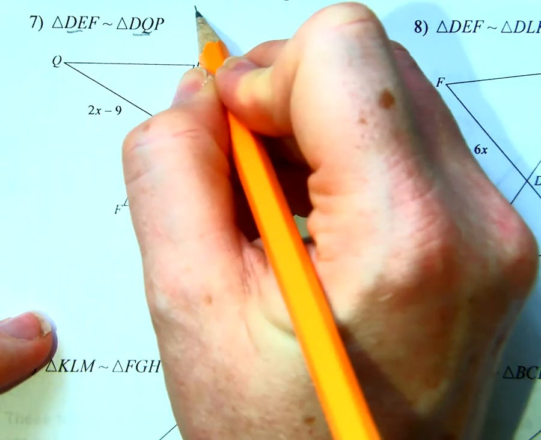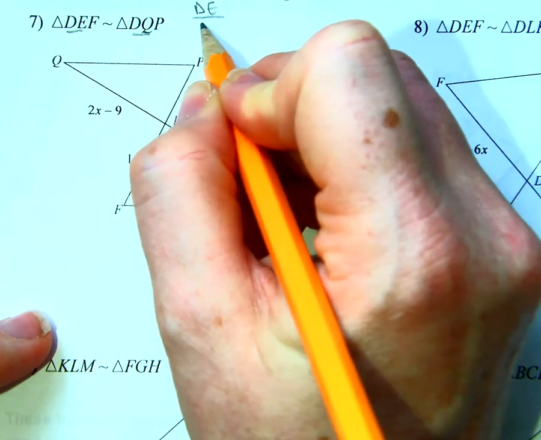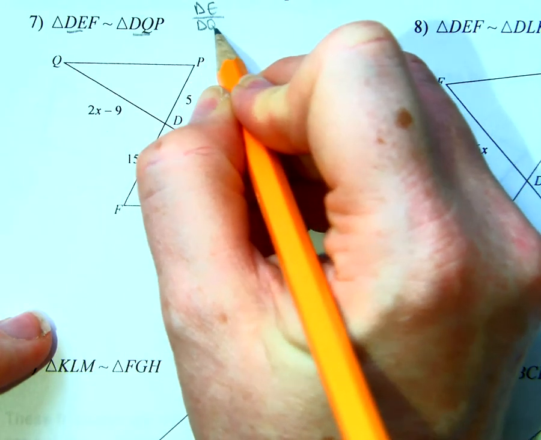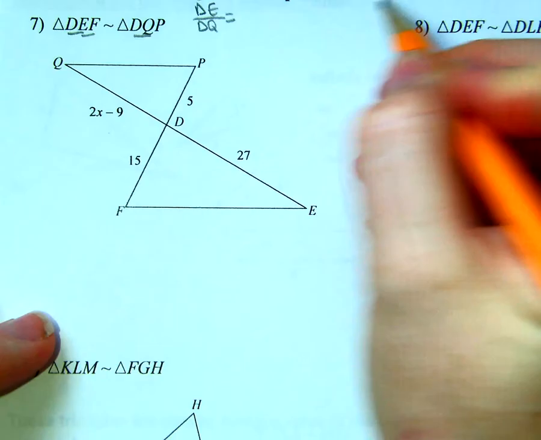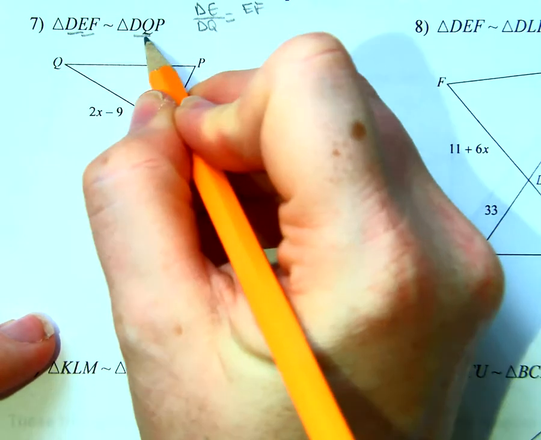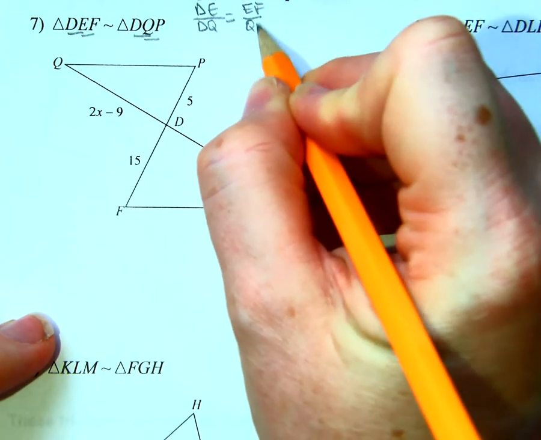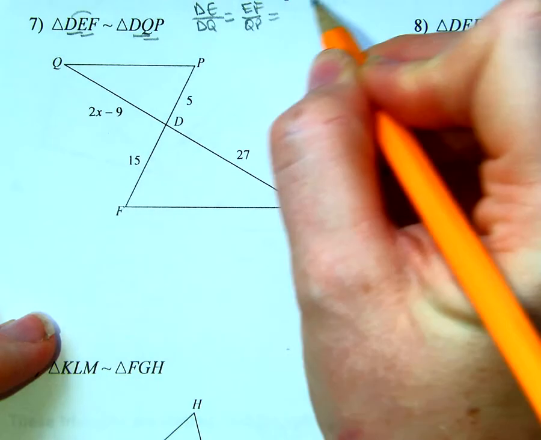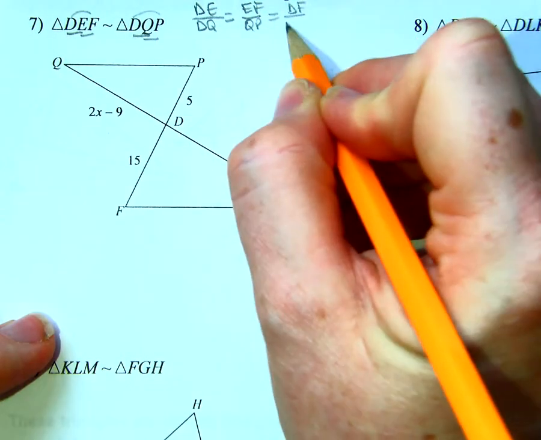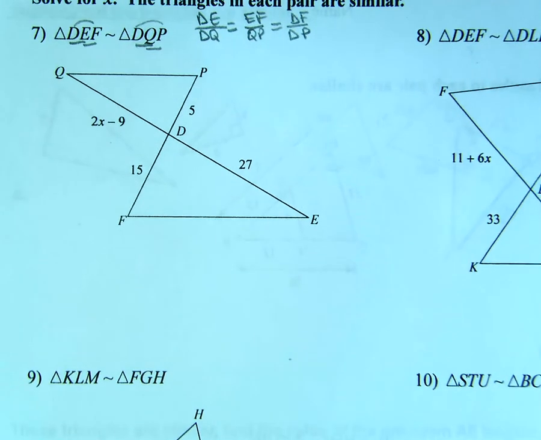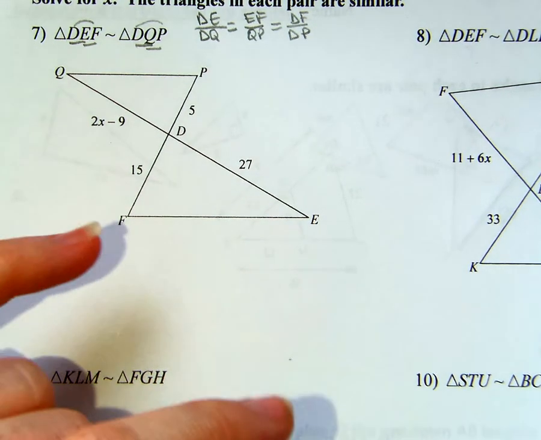DE is to DQ, as EF is to QP, and DF is to DP. Okay, so just setting up the relationship from the similarity will help you figure out order, because I know order kind of is difficult sometimes.